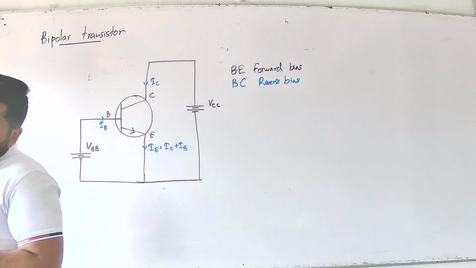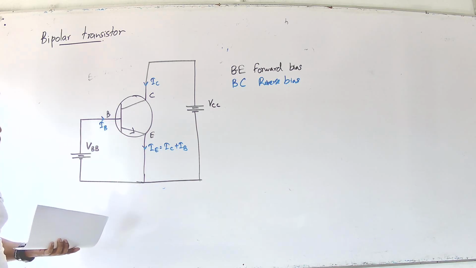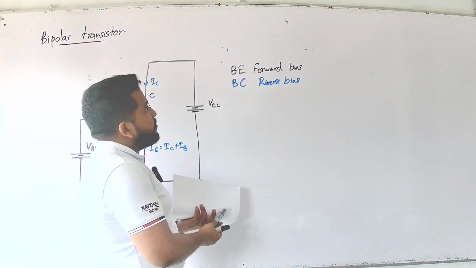For this, the transistor must be biased using an external voltage source as follows.